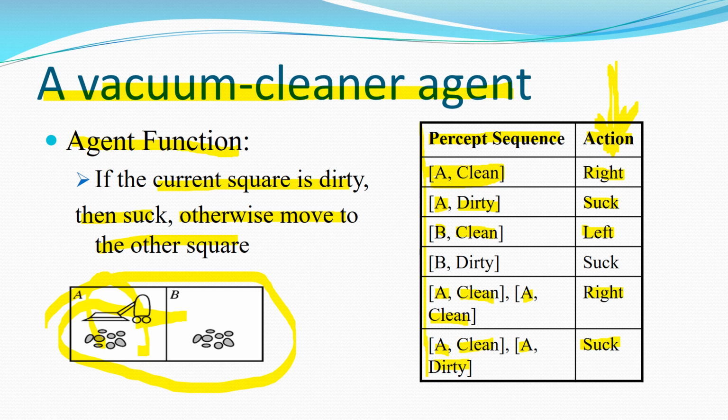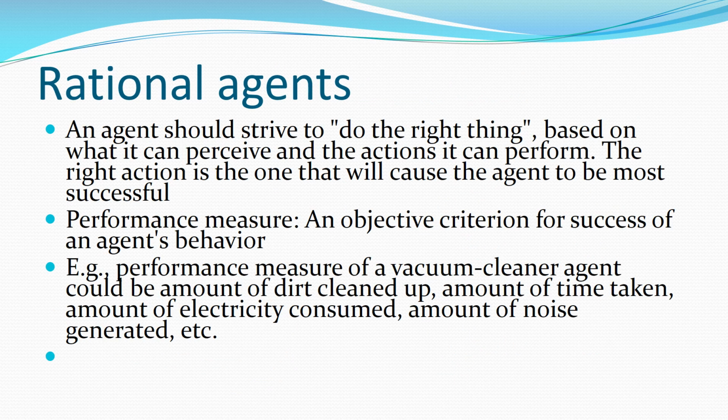Now here the concept of rationality is also important. So what is rationality? As we have already seen, rationality refers to making the correct decision. And what is a rational agent? An agent should strive to do the right things based on what it can perceive and the actions it can perform.